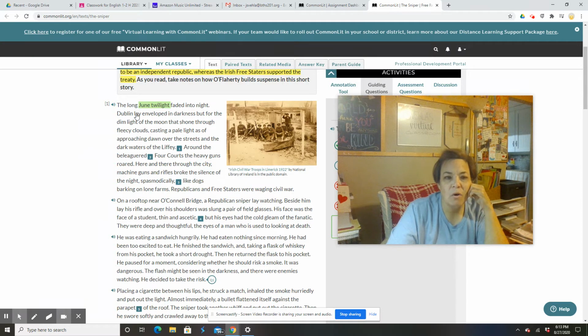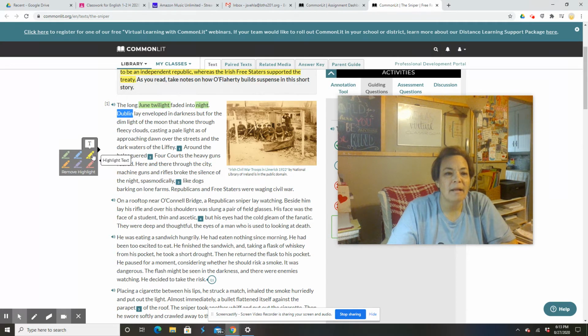Okay, so the other thing is I want you to take a couple of notes. We also have "into night," right? So that tells us that it takes place at night, and Dublin. And so what we can do is put a note over here. Highlight that, and you see this little text box, this T? That means to put a text box here.